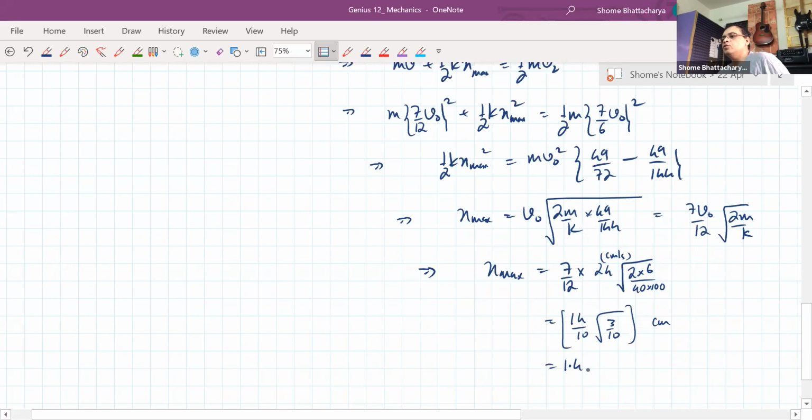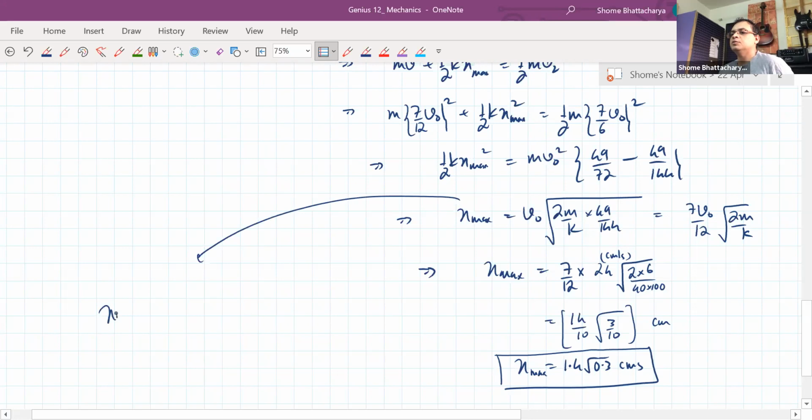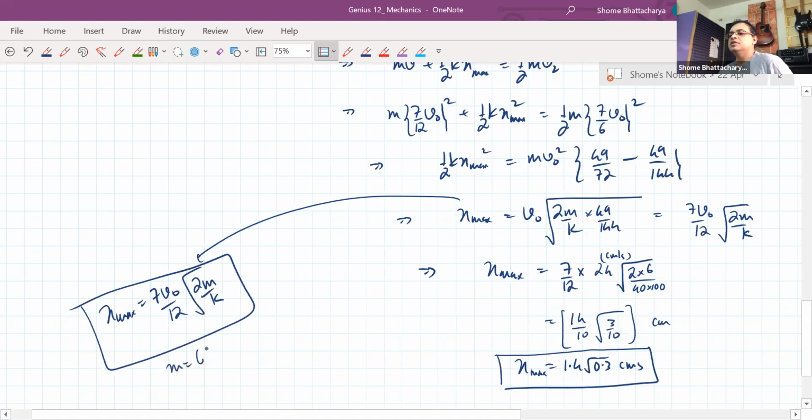So 1.4 square root 0.3, whatever that comes out to be in centimeters. This is what I'm getting as X maximum. But more importantly is the parametric part, where I've got X maximum as 7 V naught by 12 square root of 2m by k. I substituted m as 6 kgs, k, and V naught as 24 centimeters per second.